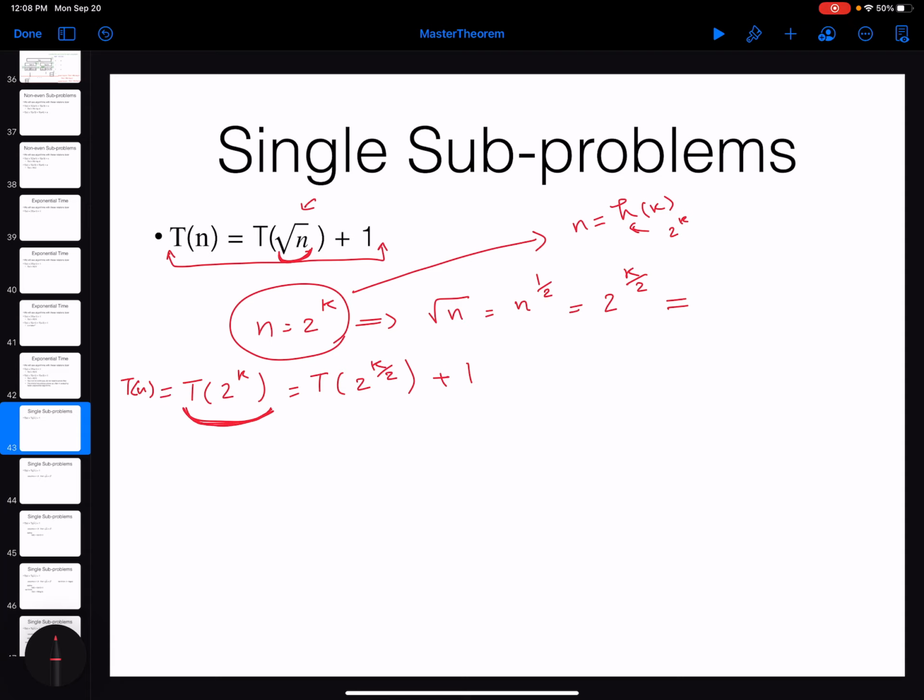I am going to combine these two functions. I'm going to combine T and h and create a new function G of k, which would be T of h of k. So instead of this, I'm going to rewrite the whole term in terms of G. It's just like I'm changing the argument and creating a completely new recurrence relation.